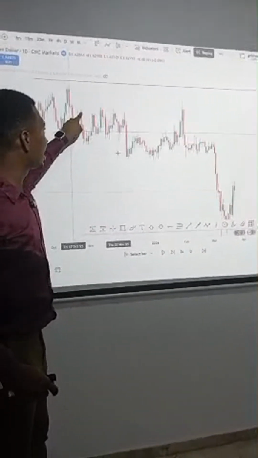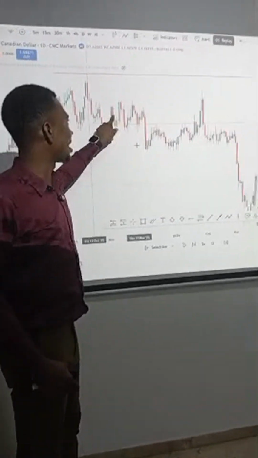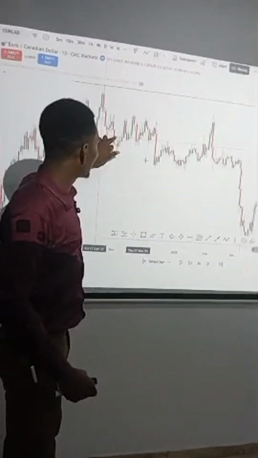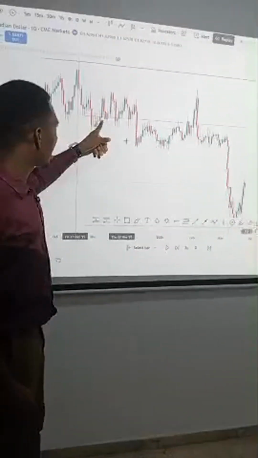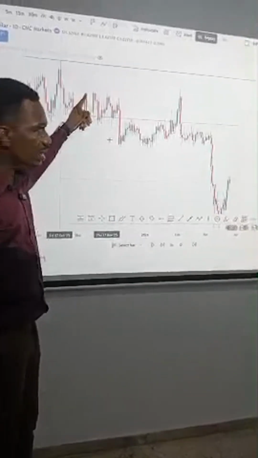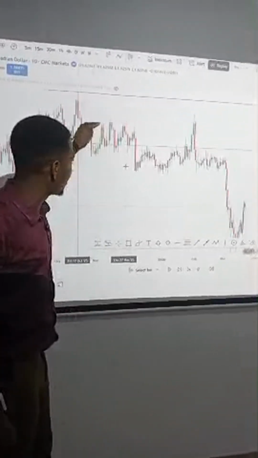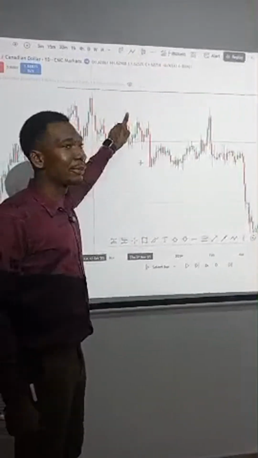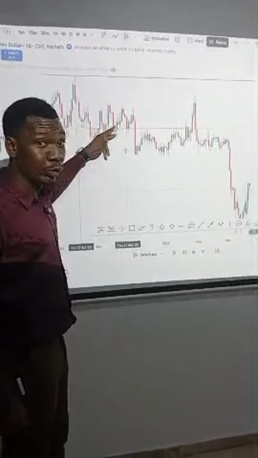So the first time it interacted with the level was here. It broke it. Then this is the first time it reacted to it. Even here, it tapped on it multiple times, but it was just shying away from it. And then finally, it respected it. Then it still came back to that same level again. It's not a coincidence that the price came back to that same level and then pushed back up. Look at the way it came back with full force.